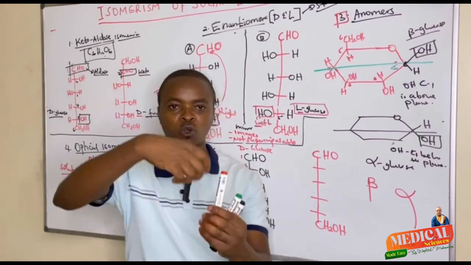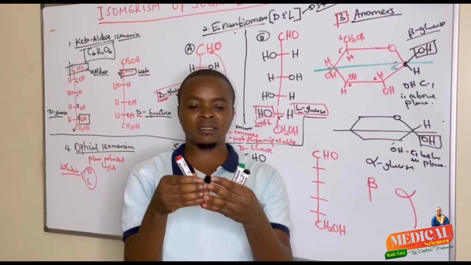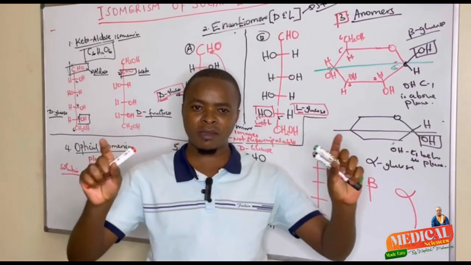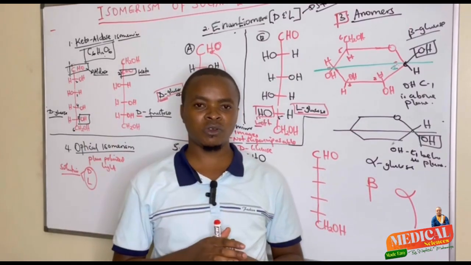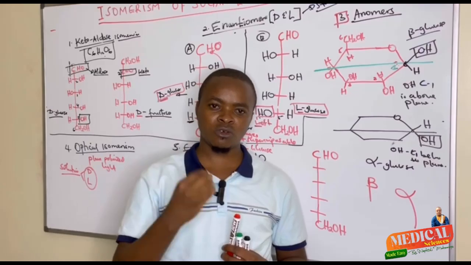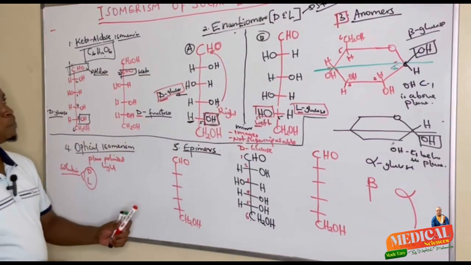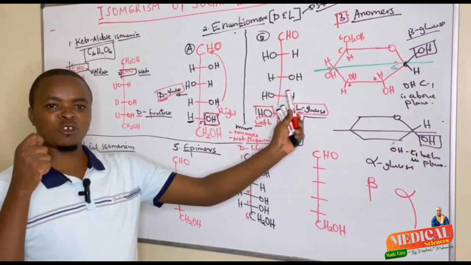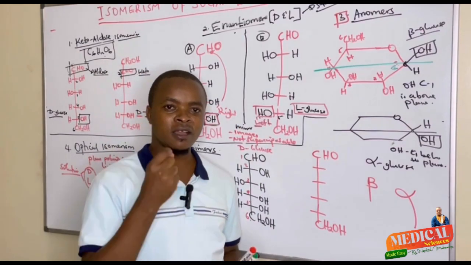If I have a solution and I put plane polarized light, and these molecules in the solution have the ability to rotate either left or right, we say that those molecules have optical activity. So we normally see D-glucose and L-glucose portray optical activity whenever they are subjected to plane polarized light.